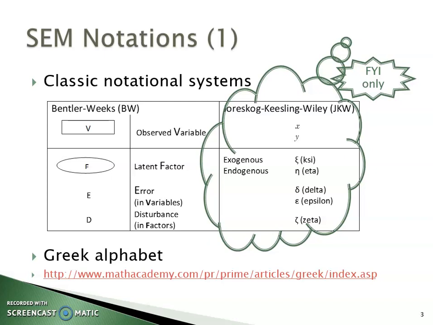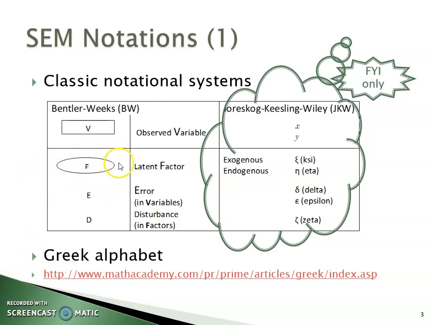Those are not used here. The hypotheses are presented as a diagram, a graph that shows the relationship between factors and variables. So this will be the system you're going to use when you present your diagram.